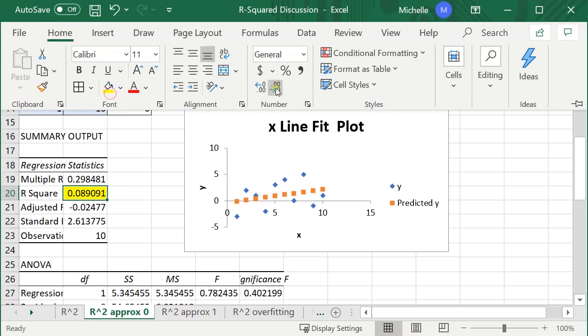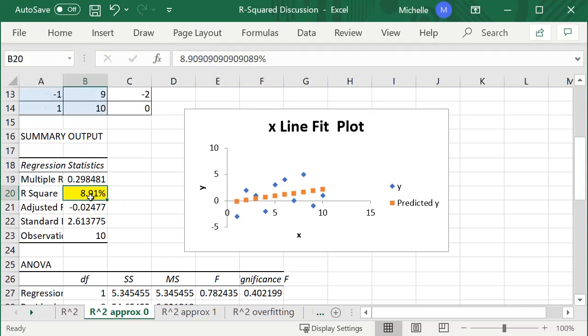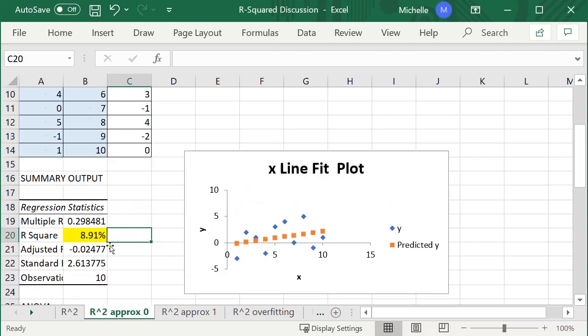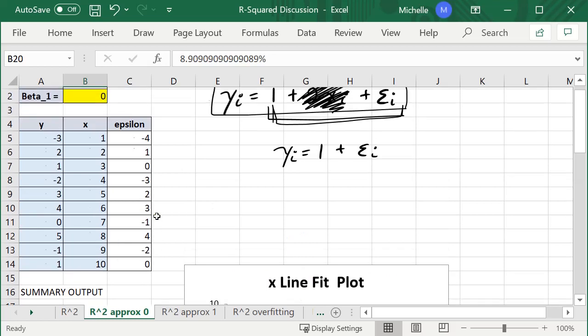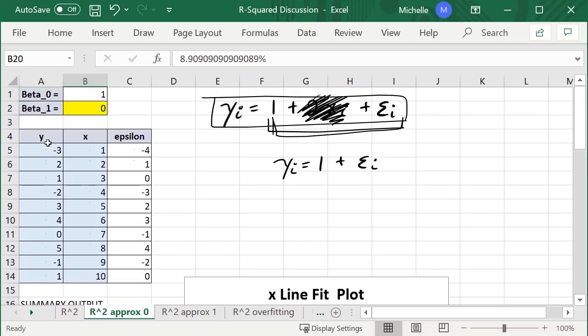So let me highlight that, maybe make it a percentage and move it over. So we see 8.91% of the variability in y is explained by this model, right? Which is very, very low. The theoretical real value of R squared is actually 0, based off of the way we constructed or calculated our y values. It had nothing to do with x.